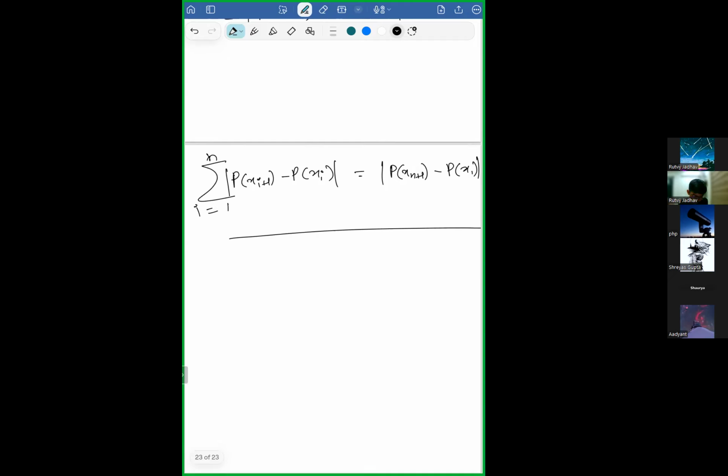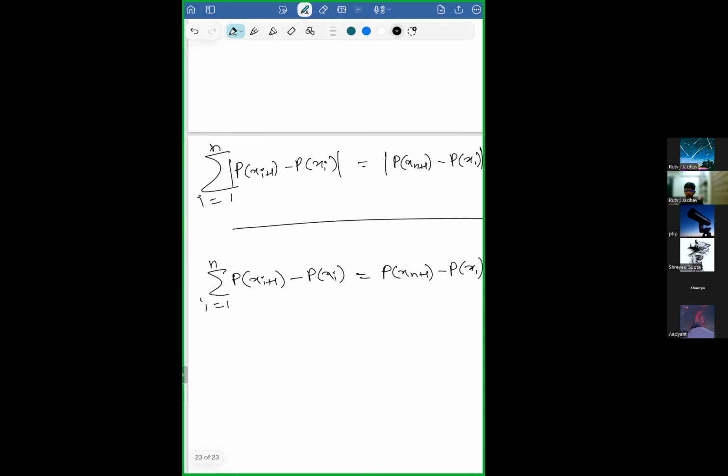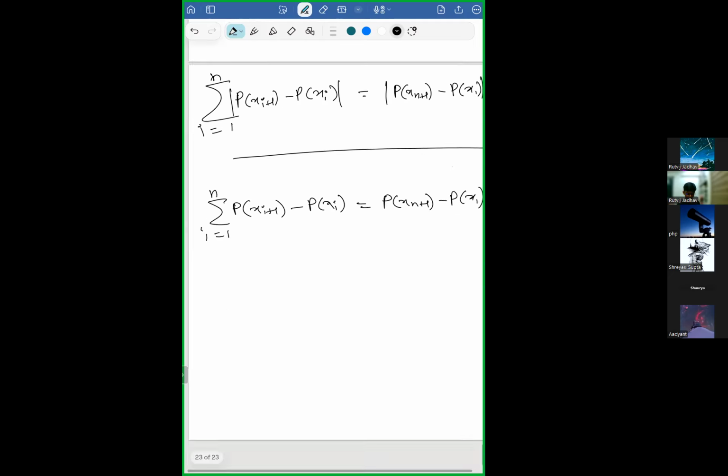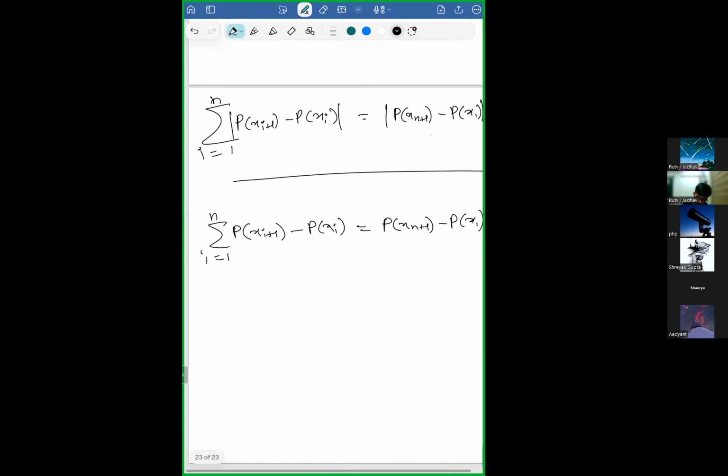Then this is just the summation of p of xi plus 1 minus p of xi, i from 1 to n, which telescopes to p of xn plus 1 minus p of x1, right? Which is what we have on the RHS, but in mod. So the RHS is just the mod of the sum.